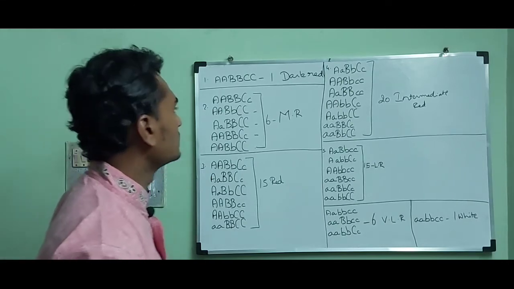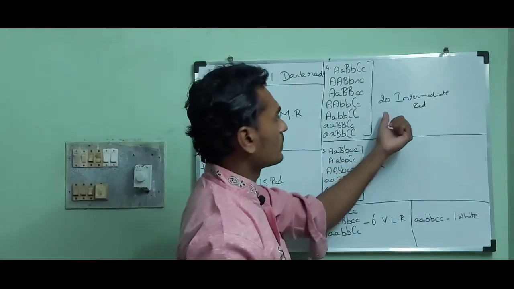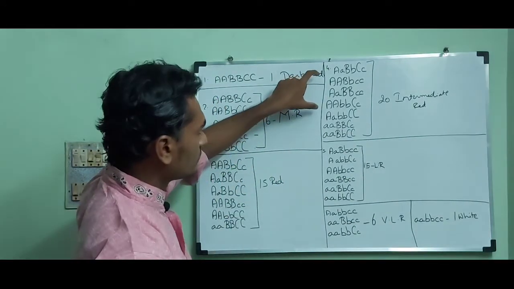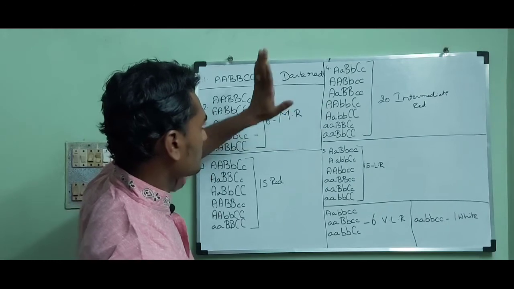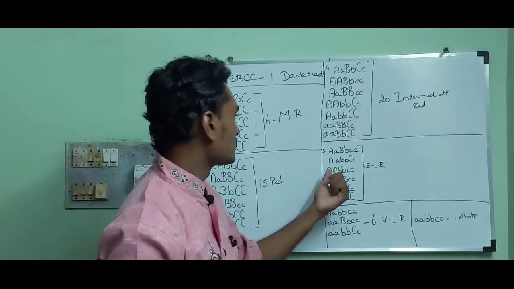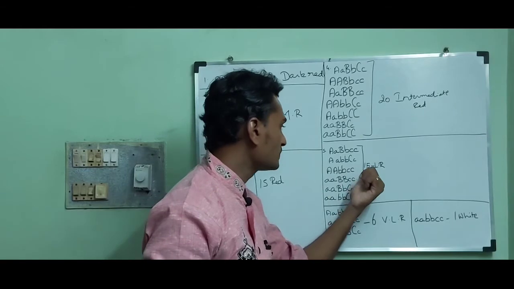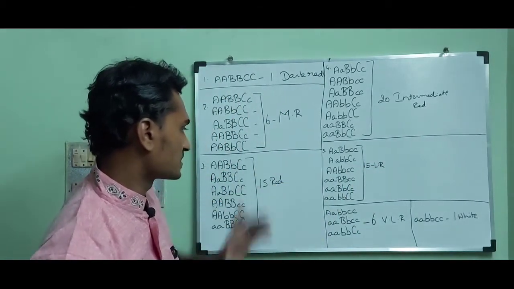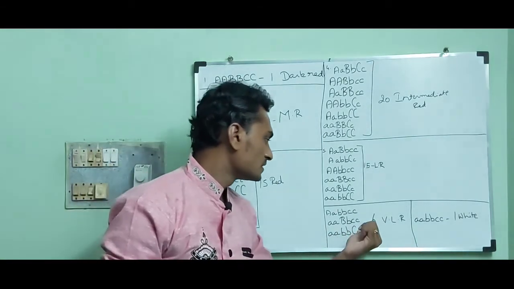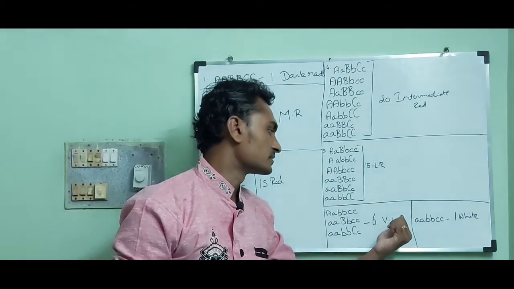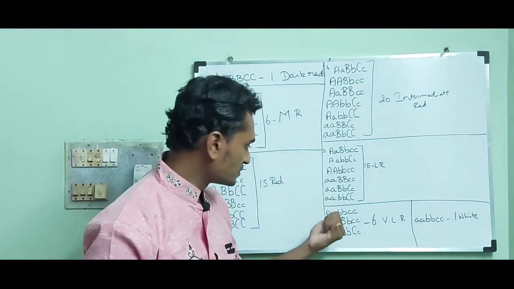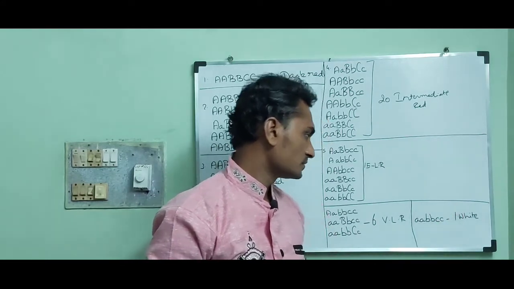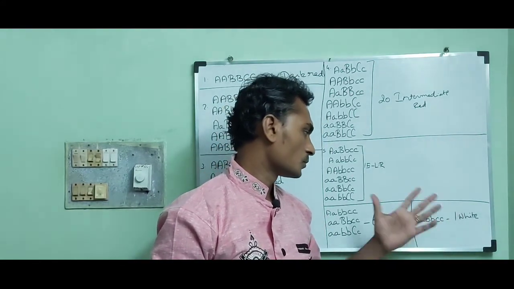Then 20 intermediate red offspring with 7 possible genotypes. Then 15 light red with 6 possible genotypes. Then 6 very light red with 3 possible genotypes. Then only 1 white with 1 possible genotype.